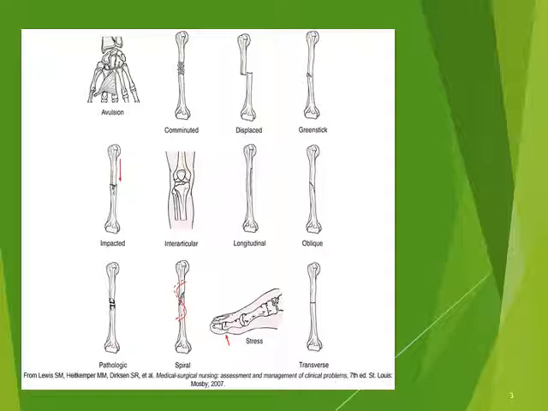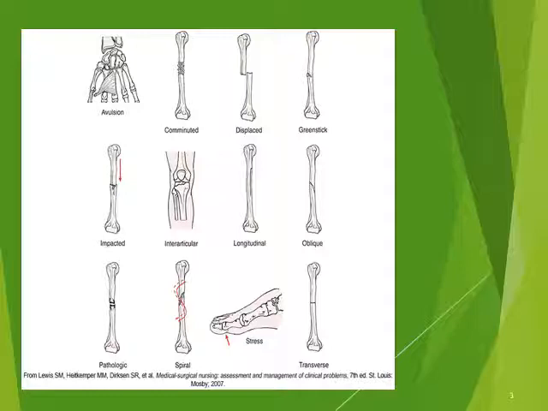Then there's an impacted fracture where the upper bone is pushed into the lower bone. And then you've got a longitudinal fracture, which is just a lengthwise fracture. The oblique fracture is like a slanted fracture.